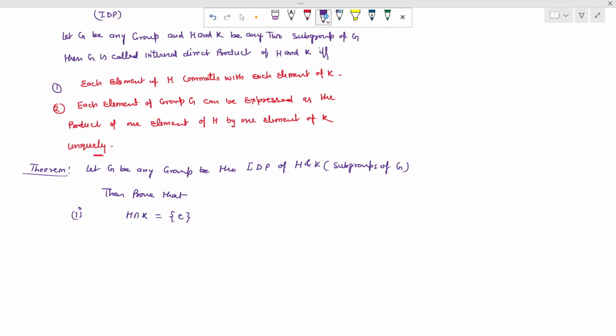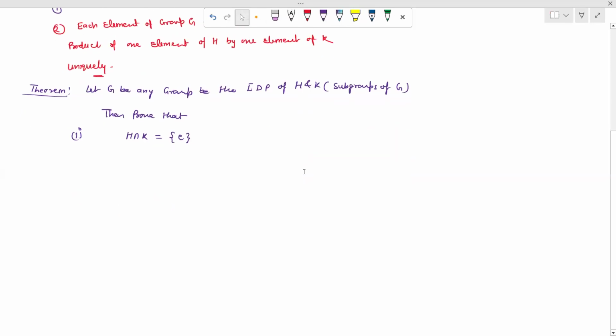That means only one element is common between H and K, that is the identity.